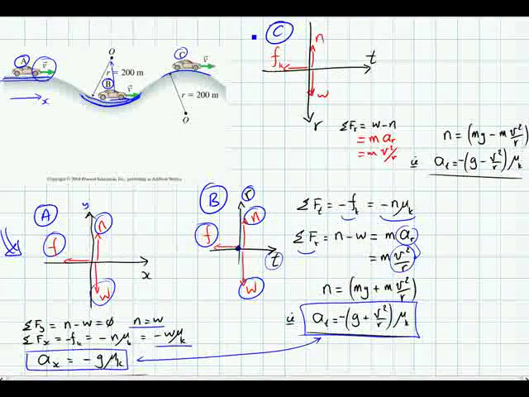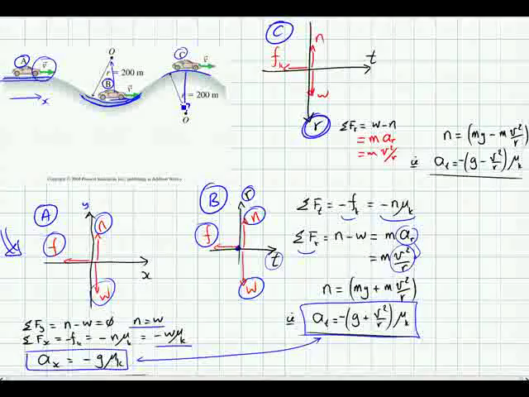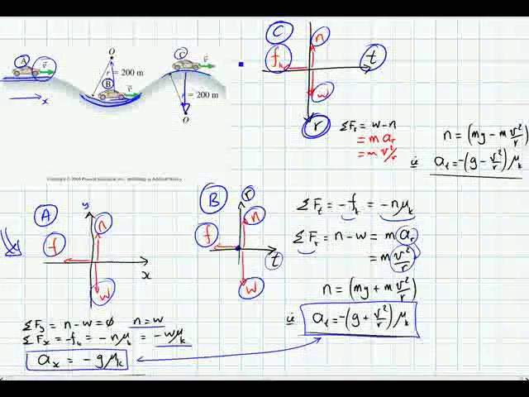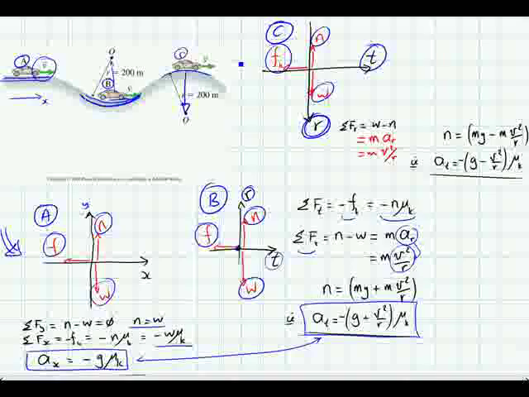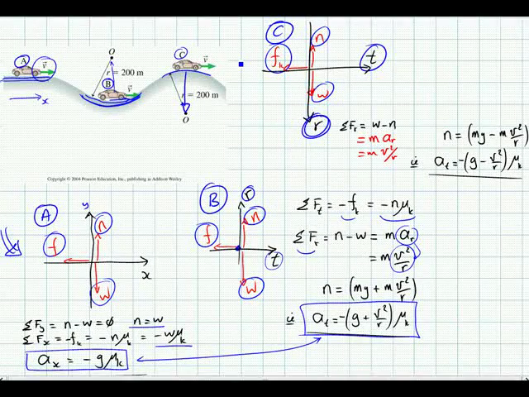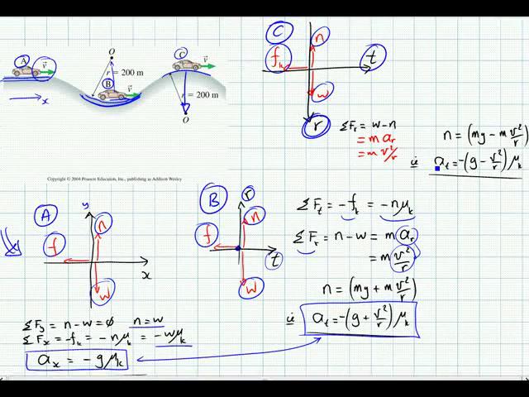Now for scenario C, doing a similar analysis, now notice my radial axis is now pointing down, because on my pictorial representation R is downwards, T is still to the right. My forces haven't changed, they're the same. Alright, and doing the similar analysis, I'll leave it to you to work through the math here.